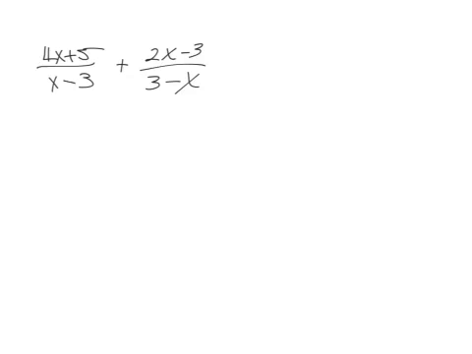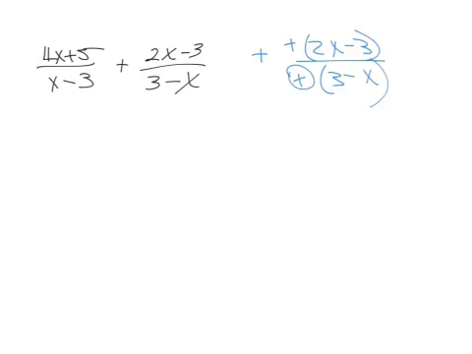So let's look at just this fraction right here. That fraction can be written, let's put it in blue, as plus a plus that. So we are going to change the second fraction by changing two of the signs.